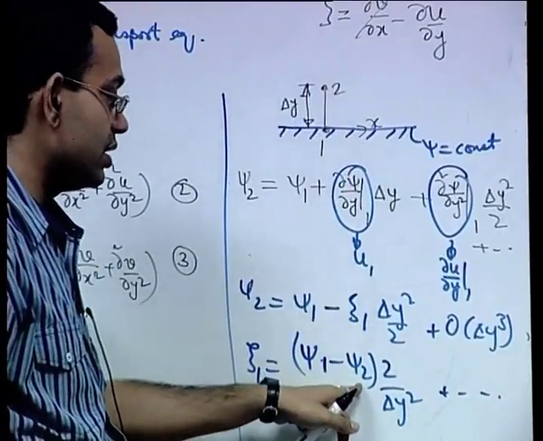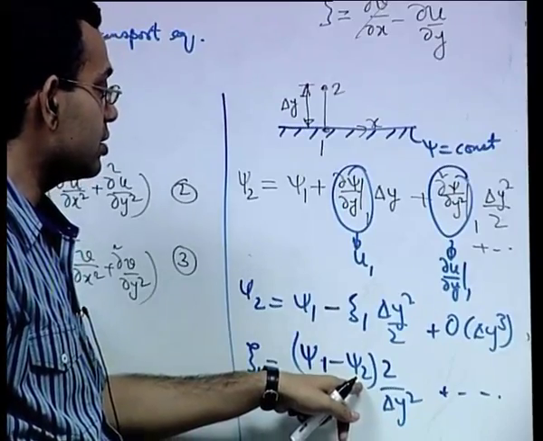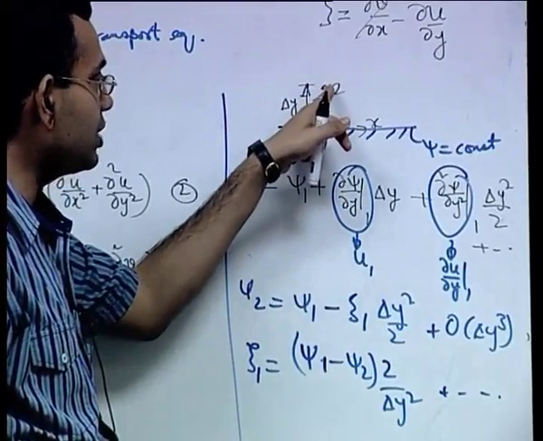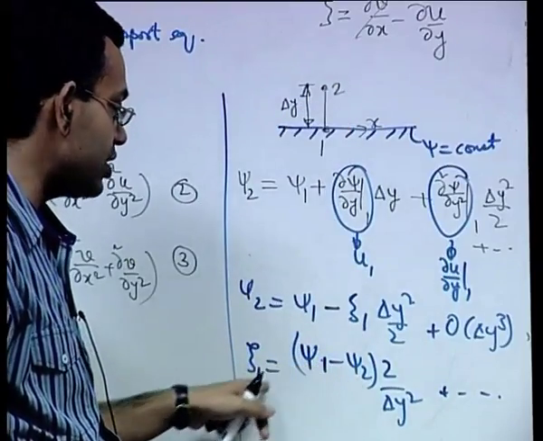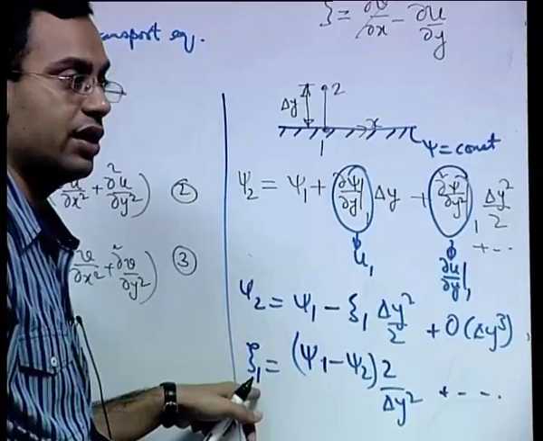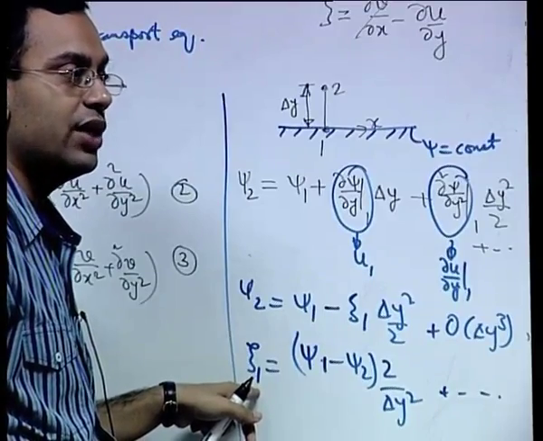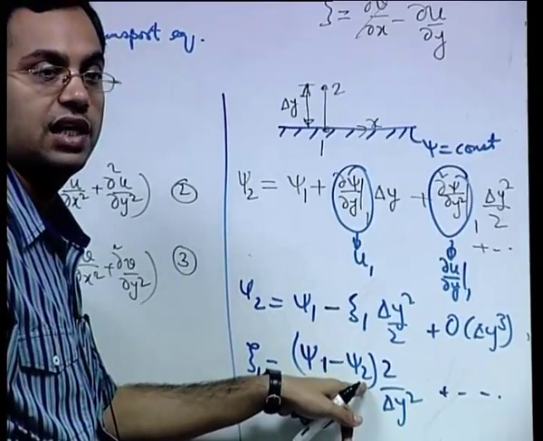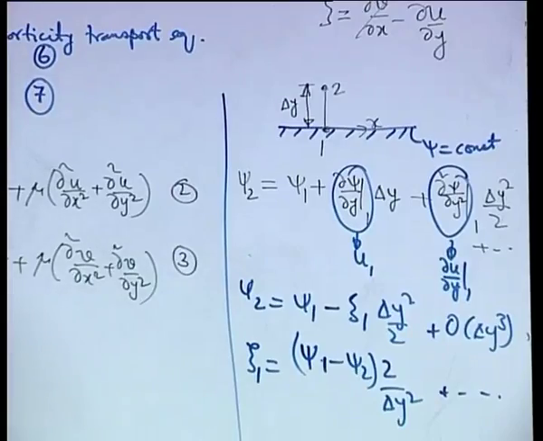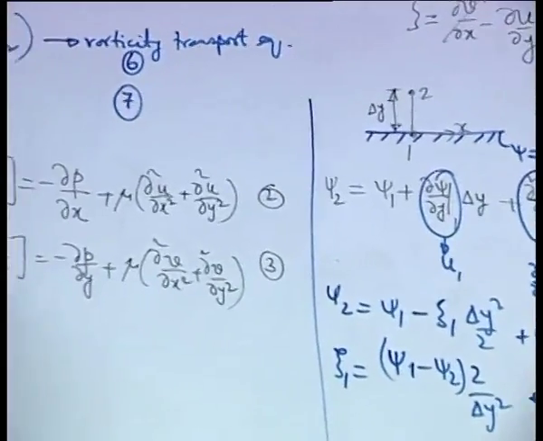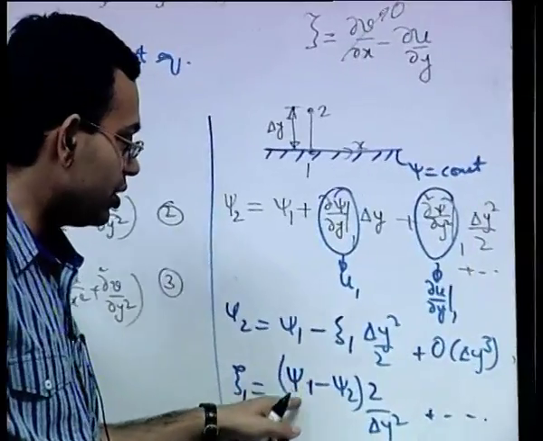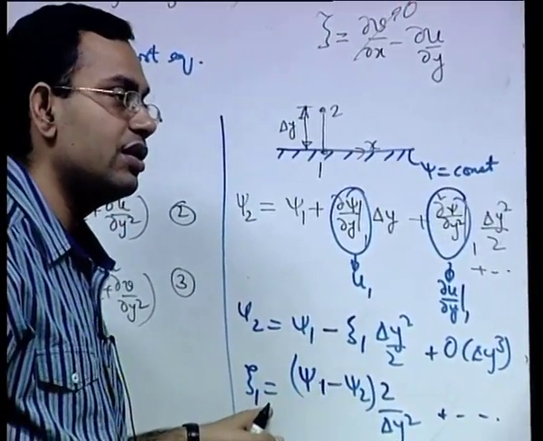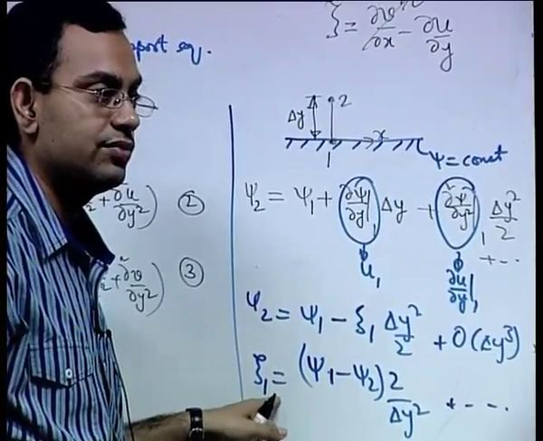So once the value of psi 2 is known, then based on that you can calculate zeta 1. When it is not known, initially it is prescribed by some initial guess. So you can see that you have to go through an iterative scheme, because you must know both psi 1 and psi 2 to define the boundary condition zeta 1.